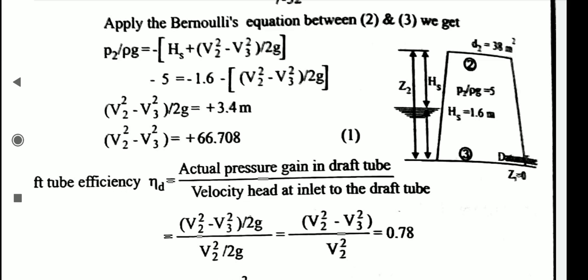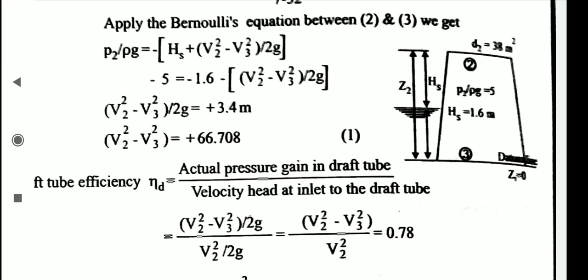For draft tube efficiency, eta D is the ratio of actual pressure gain in the draft tube to the velocity head at the inlet of the draft tube. The actual pressure gain is V2 square minus V3 square divided by 2g, and the velocity head at the inlet is V2 square divided by 2g.